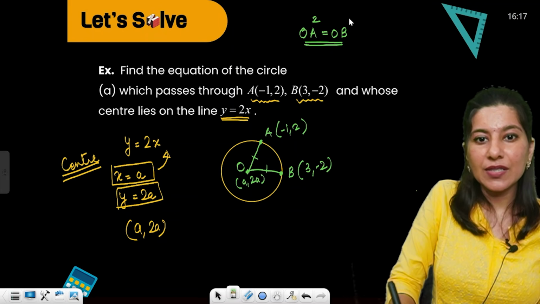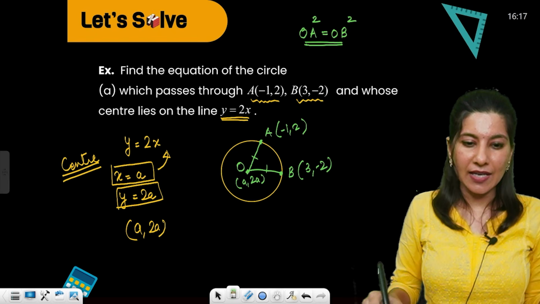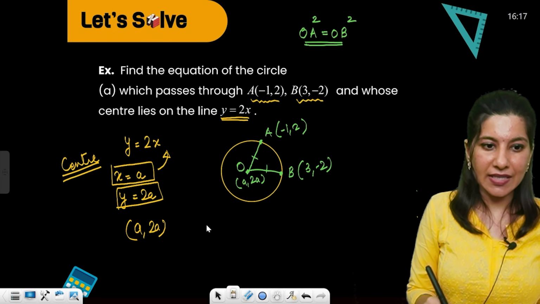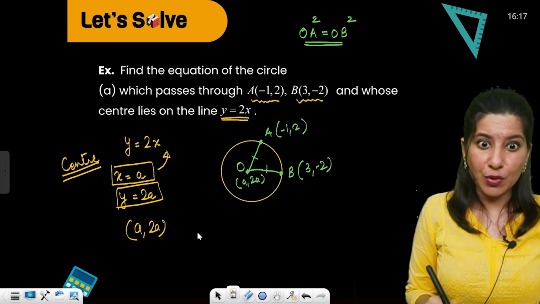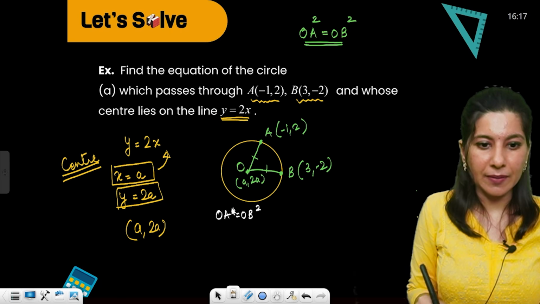Or you can say OA square is equal to OB square. Can we do that? Definitely. So if you apply the distance formula, OA square is equal to OB square.